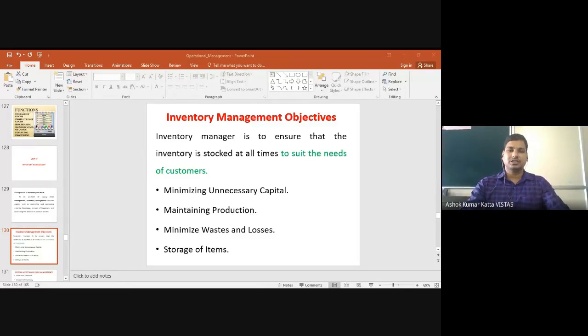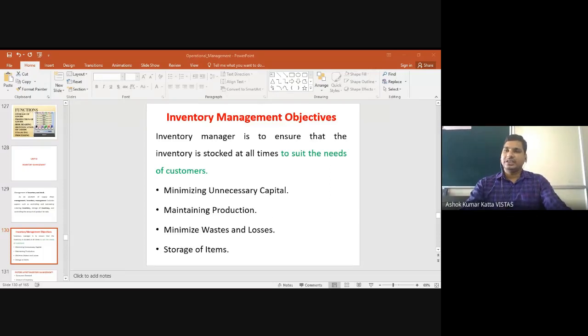Now, inventory management objectives: here I have listed four important points. We'll see the first one: minimizing unnecessary capital. Sometimes, because of lack of experience, or because of the forecast and an eye on the future, the material prices are expected to increase, but they actually decreased.